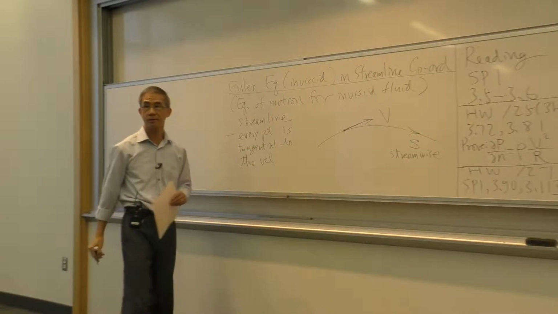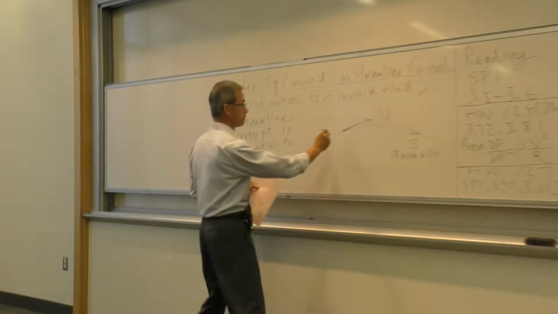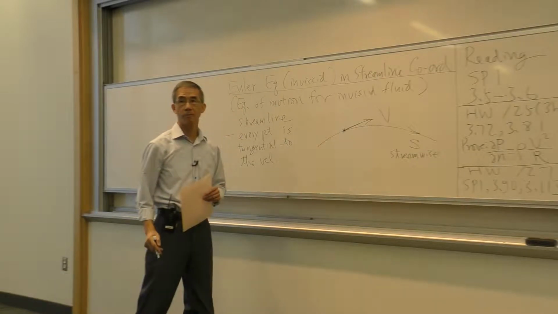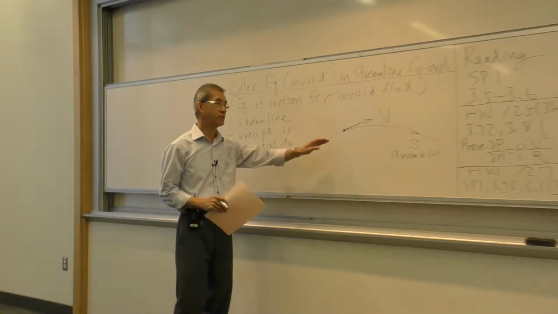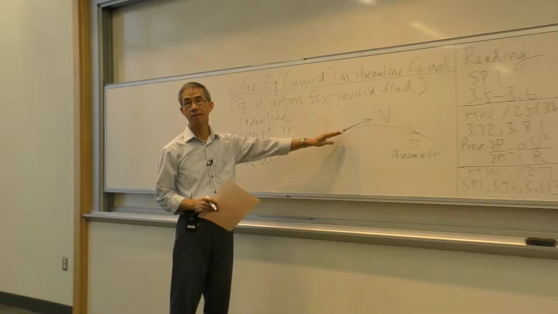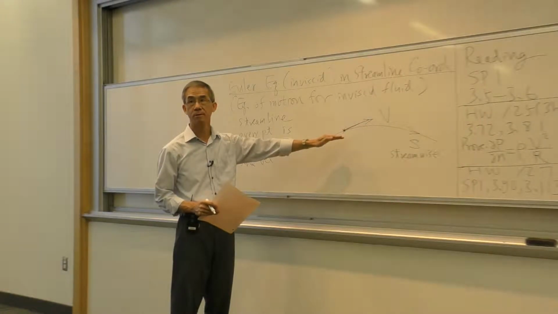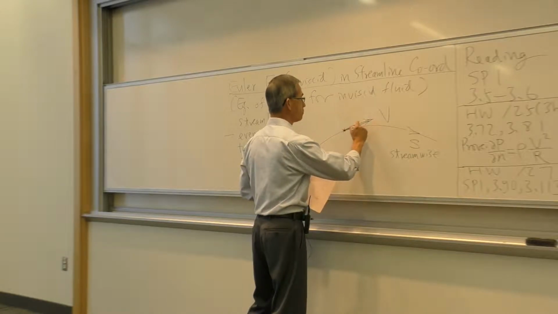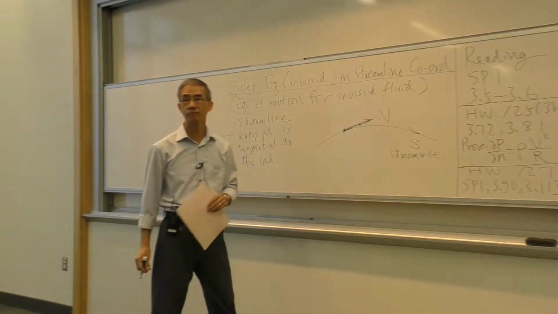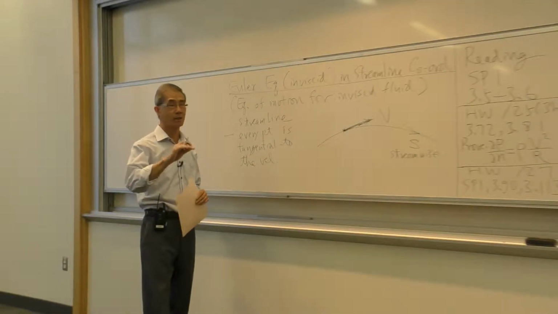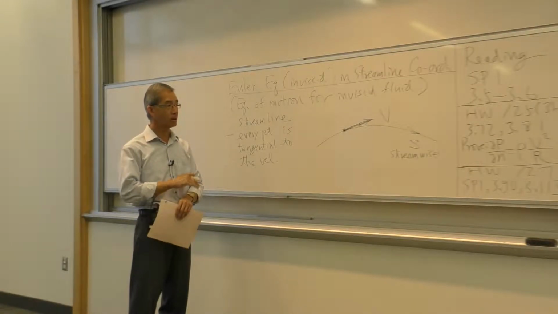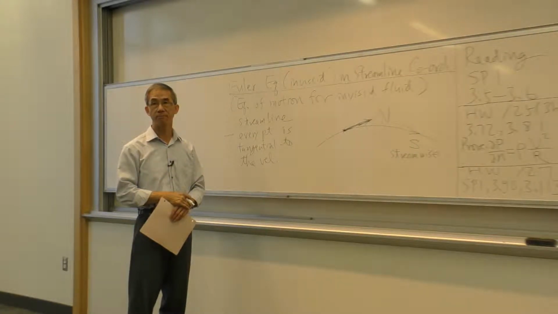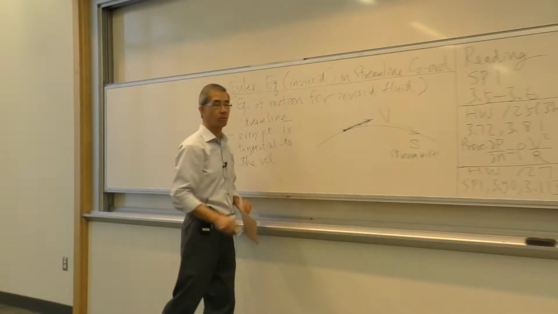to the velocity. So I pick this point here. By picking that point and using the definition of a streamline, immediately I know the flow direction, namely the velocity V. And there's only one component, only one velocity, not x and y, not vx, vy, not u and v, but just capital V. I know because of the shape of the streamline, the velocity must be tangent to this point.